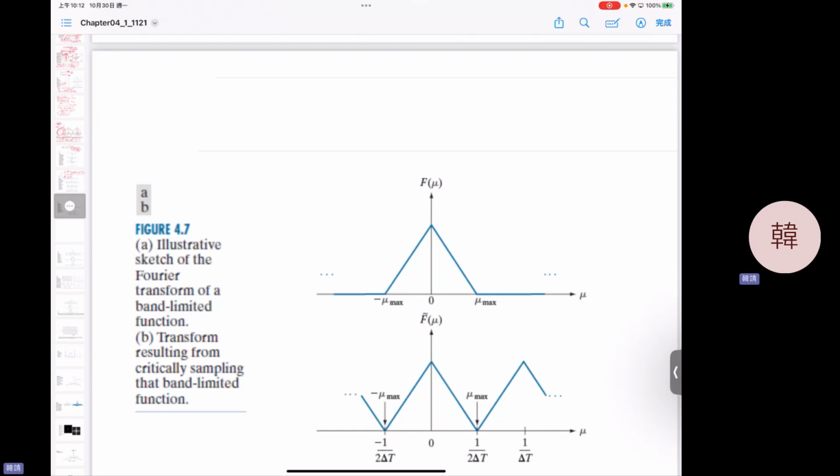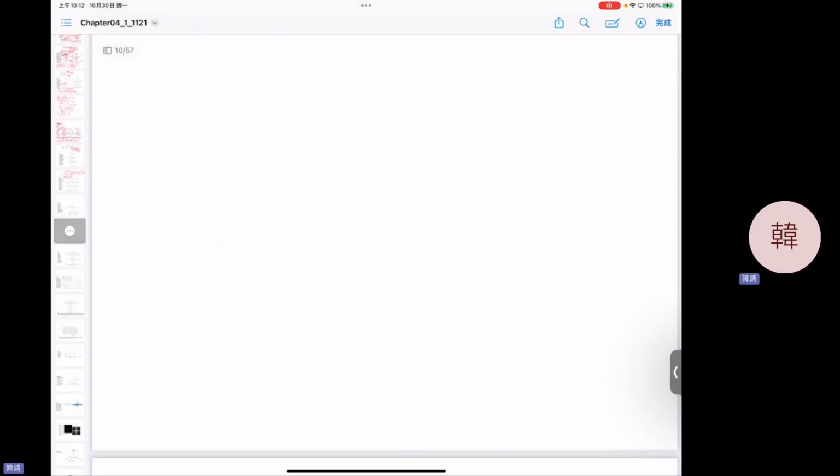So in that sense, I think I have to tell you to understand the signal processing, what's going on there.